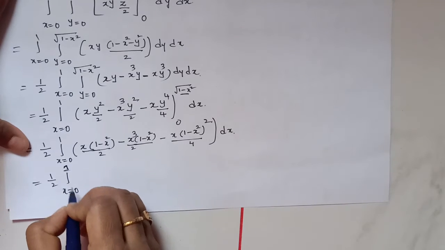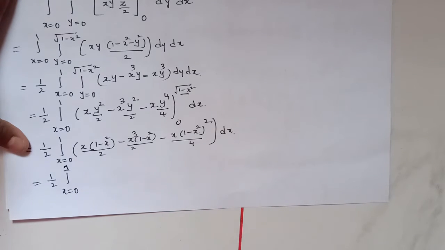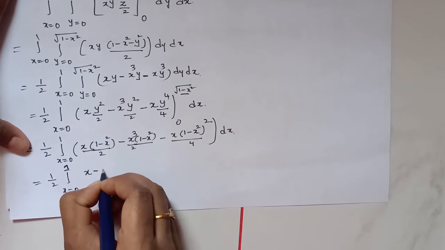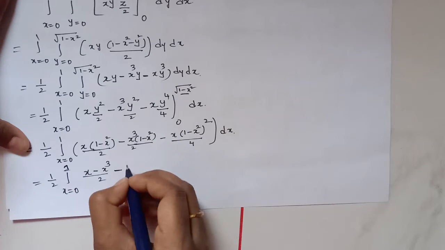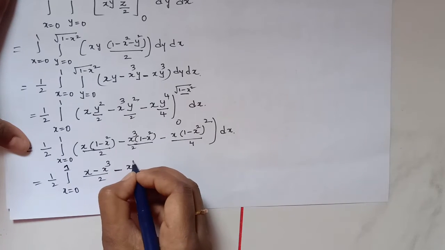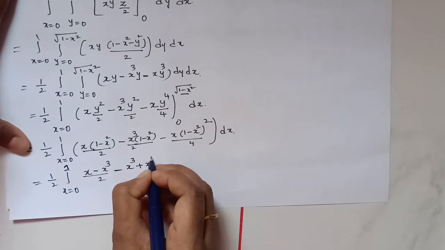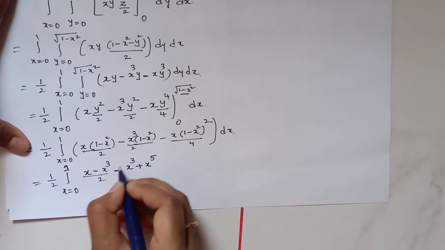Okay, this is equal to 1 by 2 into x is equal to 0 to 1. Limits for x are 0 to 1. See, first we can simplify these two terms. Multiply with x: x minus x cube by 2, minus x cube, minus of minus plus x power 5 by, see, LCM is 2, no?